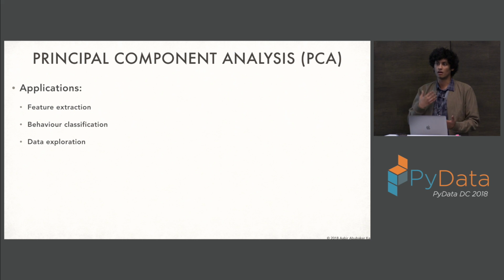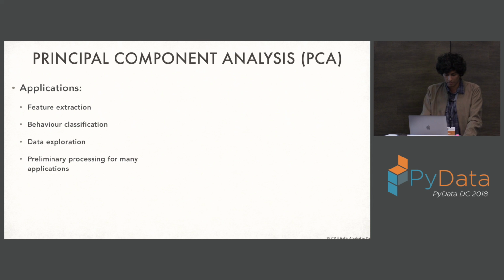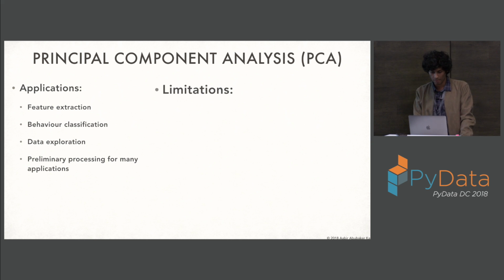And if you have human understandable analogs for those coordinates, to look at how those different dimensions might be influencing the space. I'll show you that with the Netflix example. It's also the preliminary processing for a lot of applications, because while you might not want to use it immediately for feature extraction to say, oh, these numbers are more important, it helps you develop an intuition for what your data set looks like.